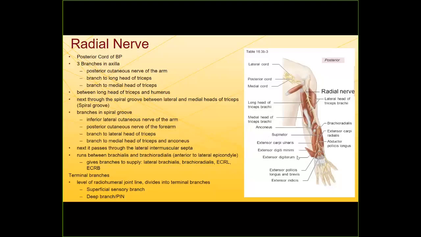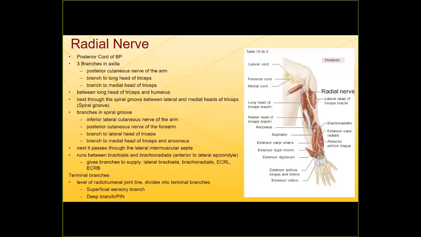And it's at this point where it innervates the brachialis, the extensor carpi longus, and the extensor carpi brevis. Okay, and then it continues on its way and actually branches off to form a superficial sensory branch and a deep branch of the radial nerve.